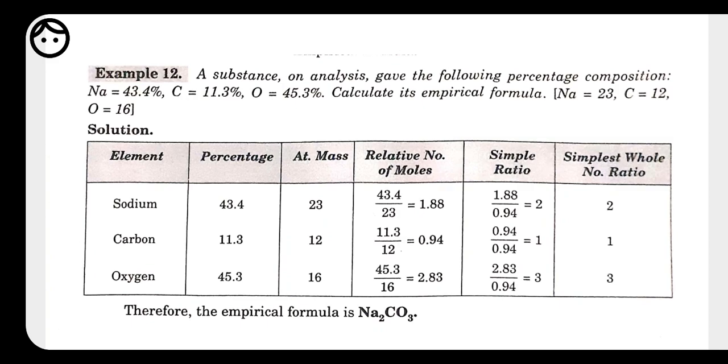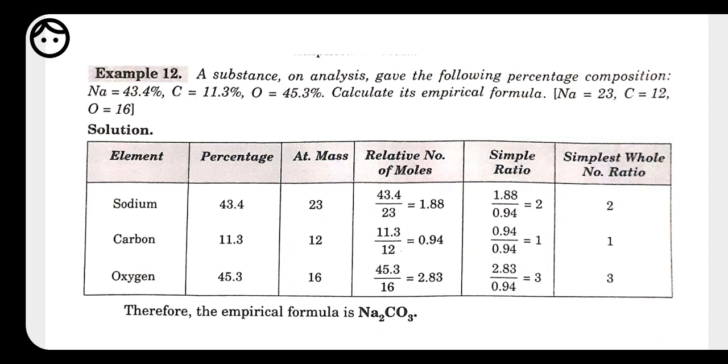On calculating, for the first we get 2, for the second 1, and for the third 3. So this is the simple whole number ratio.